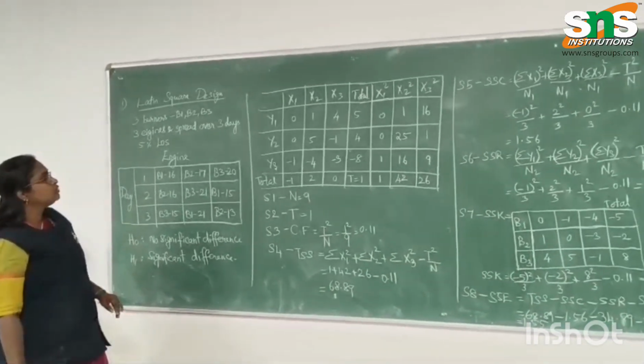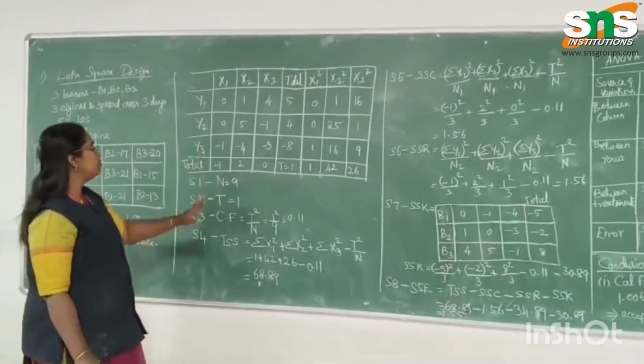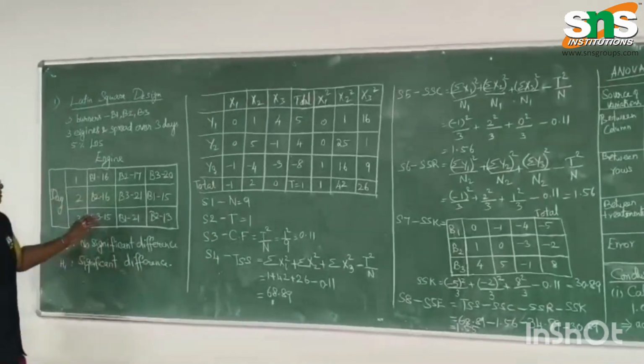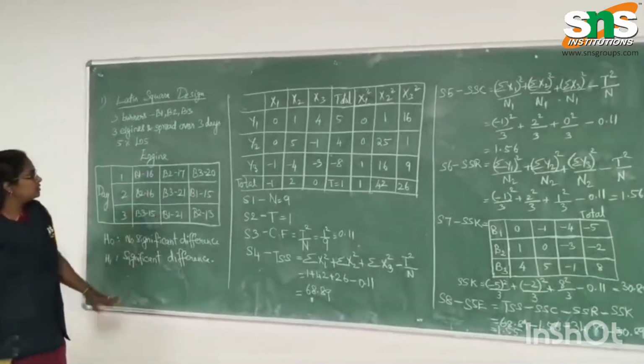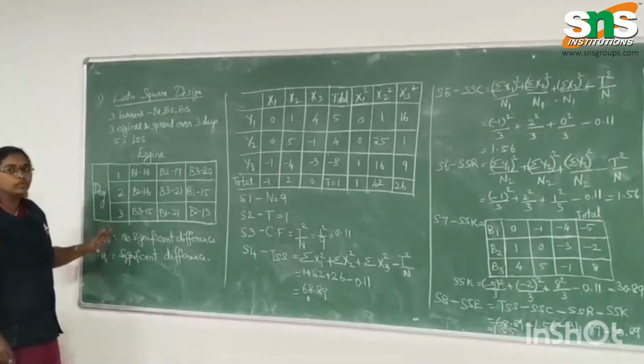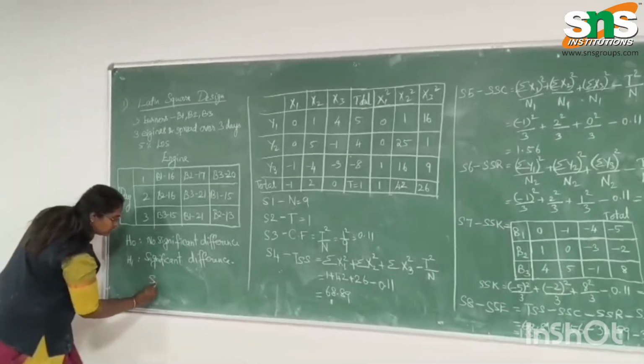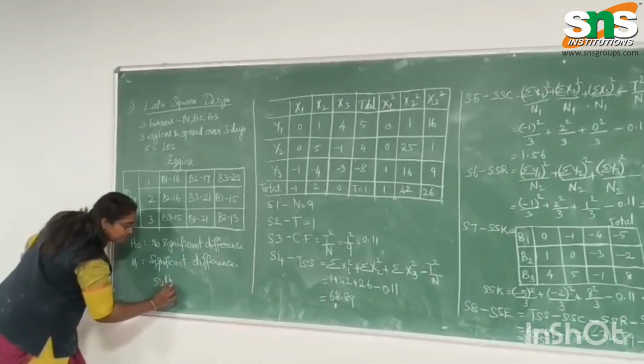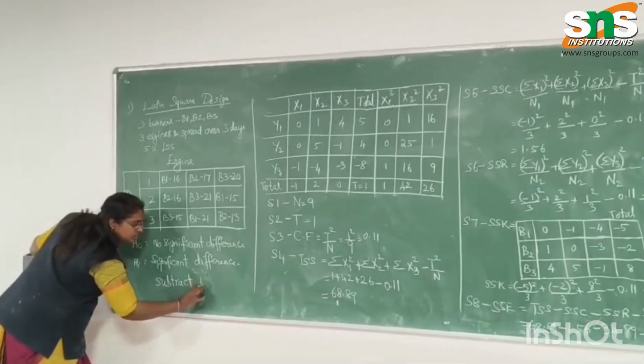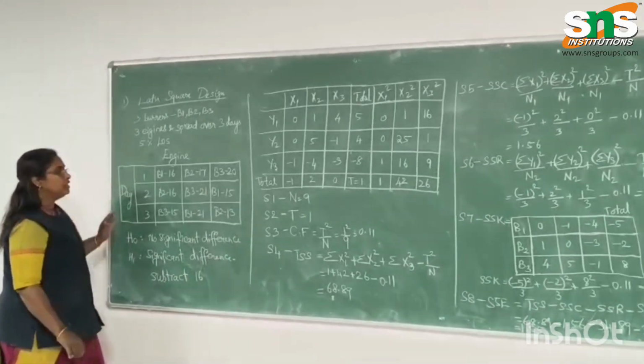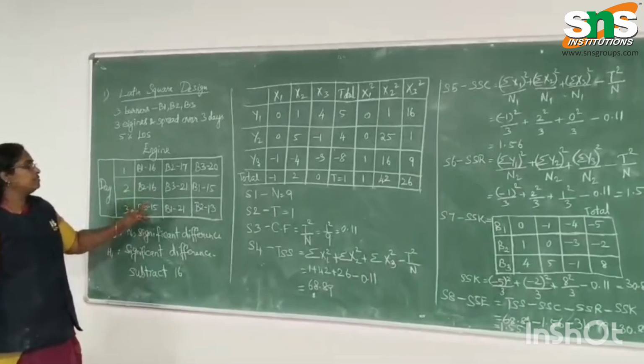First we fix this table. I am going to fix any one number, so I choose 16, and we subtract each and every number from 16.